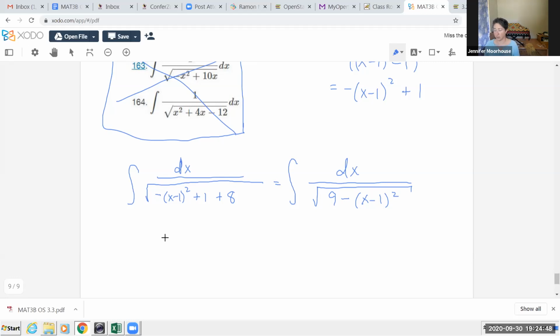So you want x minus 1 to be equal to 3 times sine theta, and that means that x is 1 plus 3 sine theta. And then you substitute in and you make the simplifications, etc. So we won't go through the rest because we're out of time. Actually, 5 minutes over. Sorry about that.